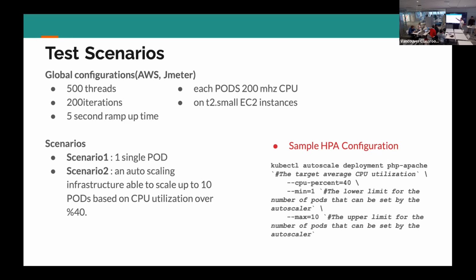For each pod, we assign 200 megahertz CPU, and we are simply sending a simple GET request. And this is our horizontal pod auto-scaling configuration. If the CPU utilization on each pod reaches 40%, this is the threshold, just consider a minimum and maximum number of pods and play between this range. If you reach 40%, scale it up, until what number? Until 10 pods.